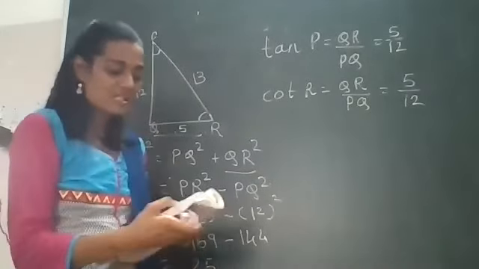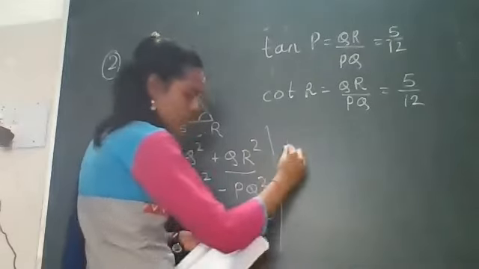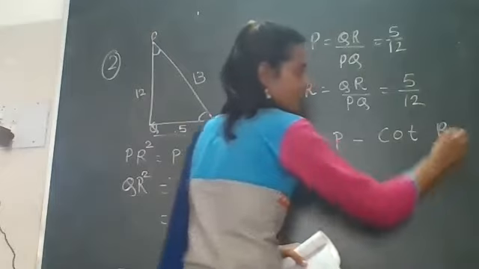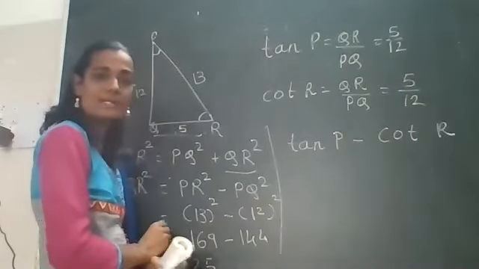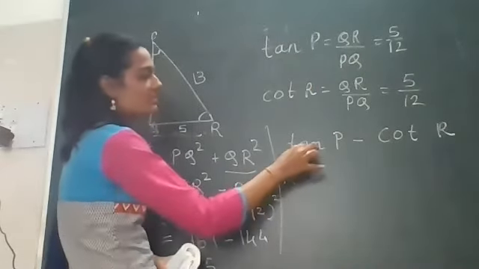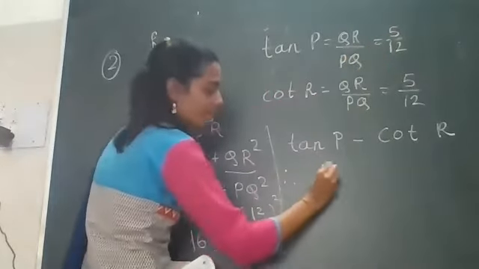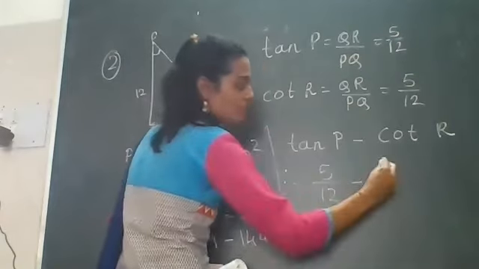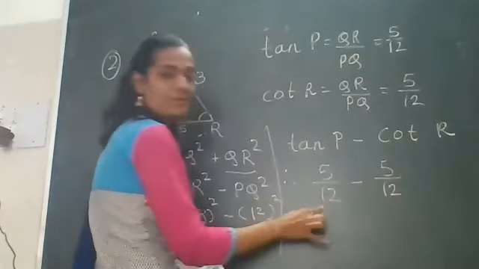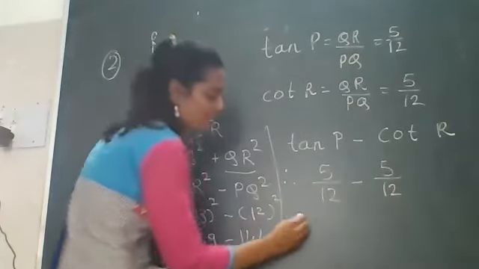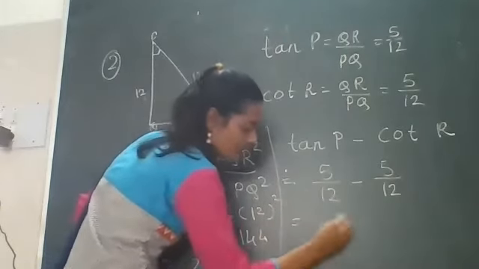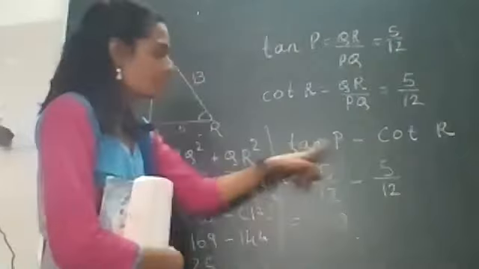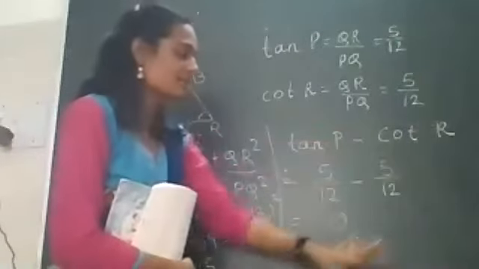But what is the question? We need to find the value of tan P minus cot R. The value of tan P is 5 upon 12 and cot R is also 5 upon 12. So 5 upon 12 minus 5 upon 12 is equal to 0. So the value of tan P minus cot R is 0.